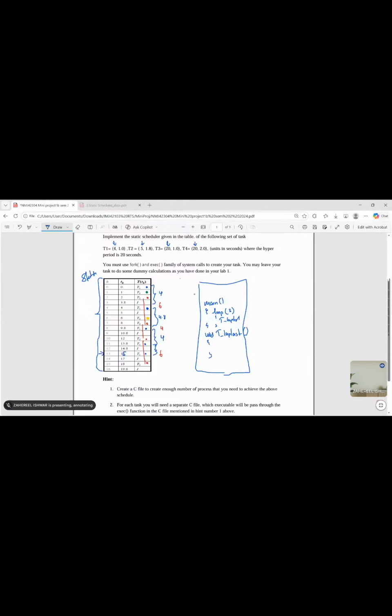Now, here I have 4 tasks, with periods 4, 5, 20, and 20. But as we see, the one with period 4 does not get executed at every 4 seconds. The pattern is this one goes at time 0, the next one goes at time 4.